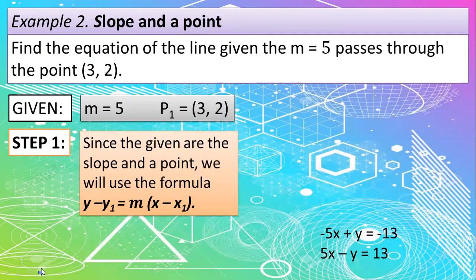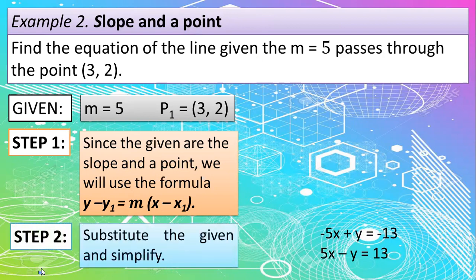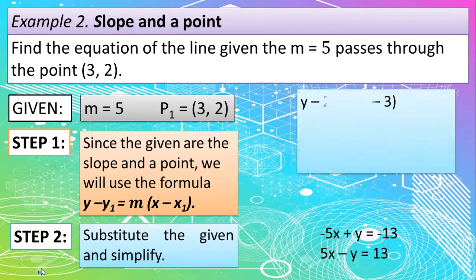So nagpakita tayo kanina ng iba't ibang formula. Dito po for our step number 1, since our given are the slope and a point, we will use the formula of y minus y sub 1 is equal to m multiplied by x minus x sub 1. So for our step number 2, substitute the given and simplify.